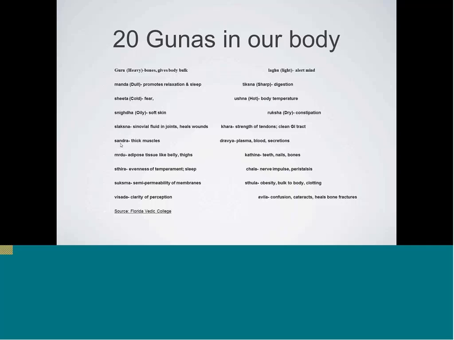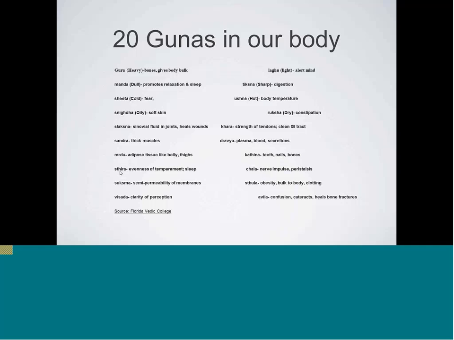The density of muscles is part of what gives them their strength. And the dravya or liquid quality is present in plasma, blood, and secretions. The mridu or soft quality is present in adipose tissue like belly and thighs. And the kathina or hard quality is present in teeth, nails, and bones.